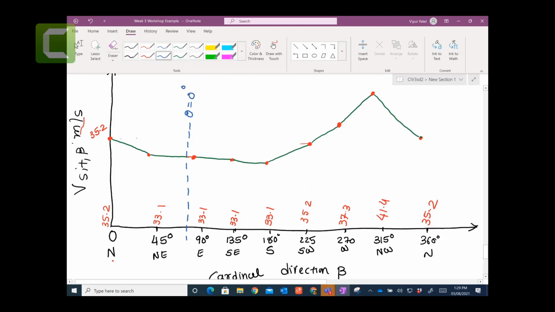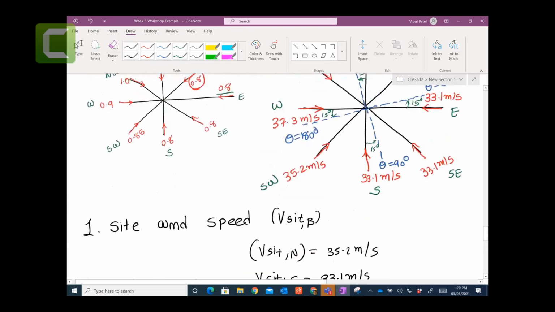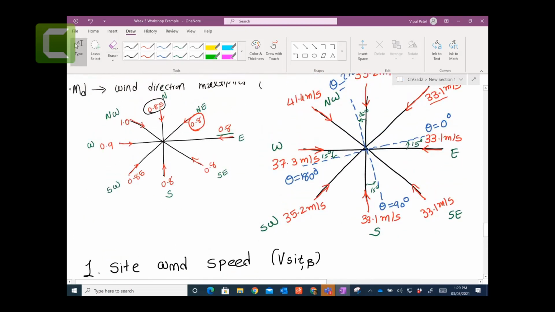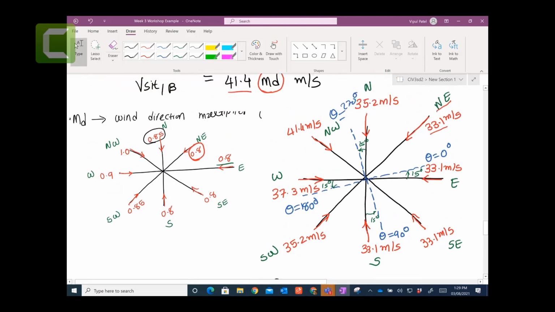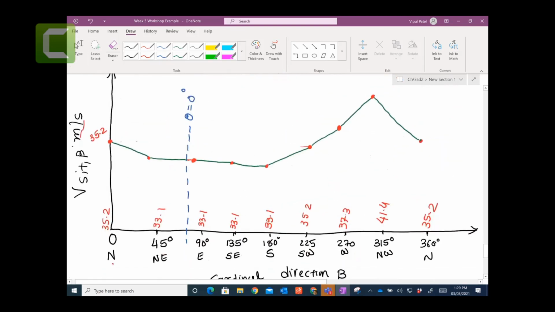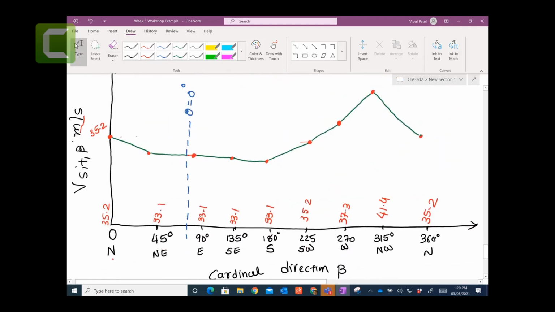Question me how on earth you draw this one if you don't understand. I can repeat again. Theta equal to 0, blue dotted line sitting between east and northeast, measuring 15 degrees from east towards northeast. You can stop me.